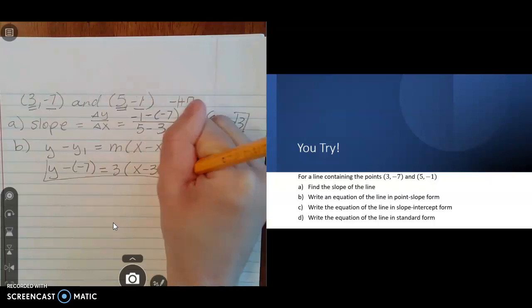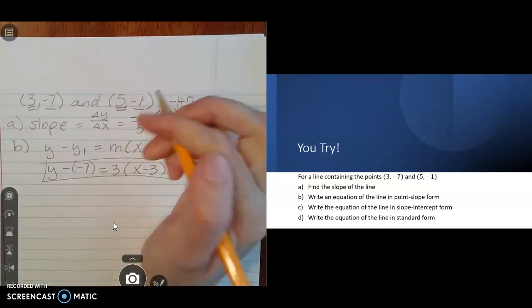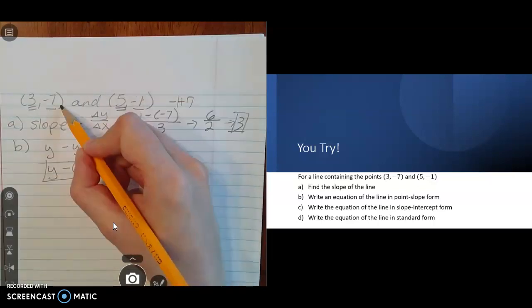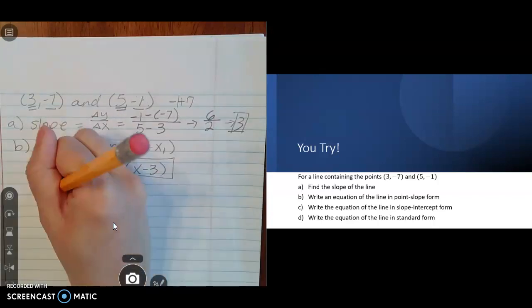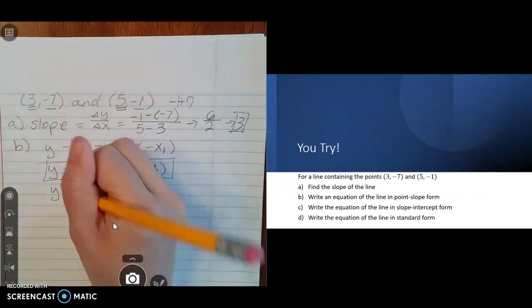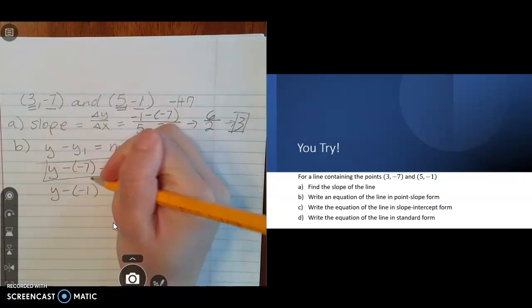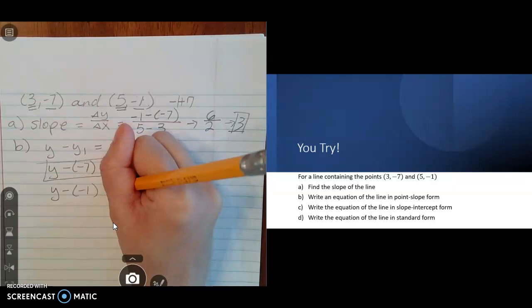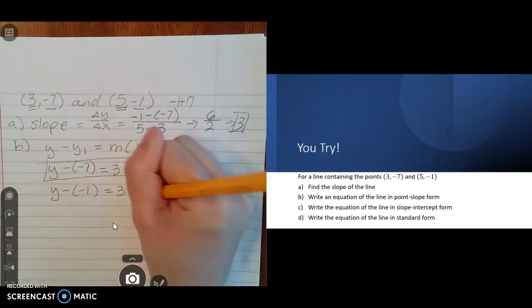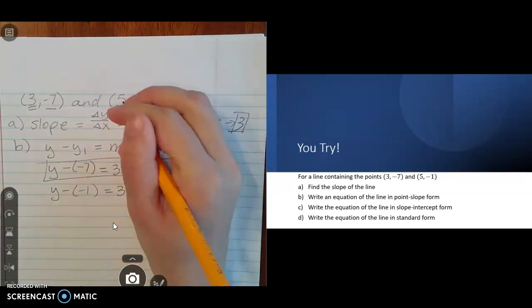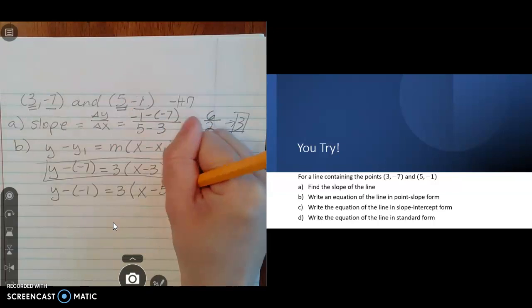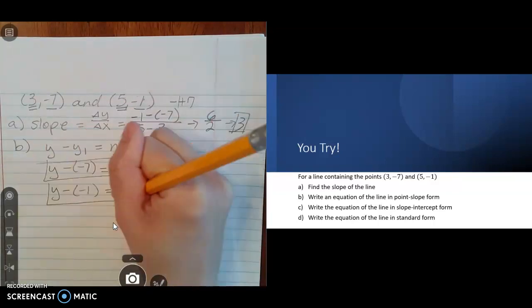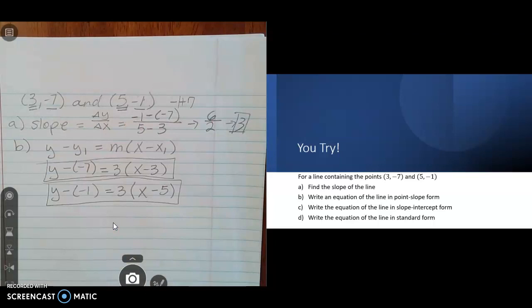That would be the point-slope form if you use the first point. If you use the second point, you would have y minus -1, or you could simplify that to y plus 1, equals our slope, 3, times x minus 5 for that second point. Okay, so either of those is correct.